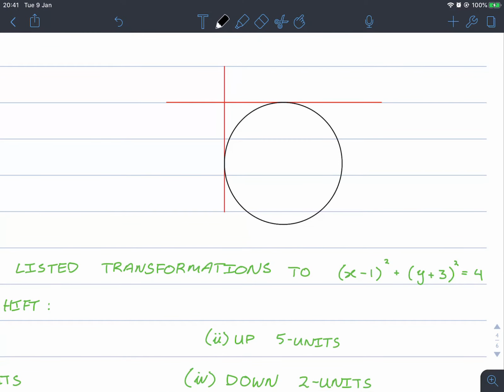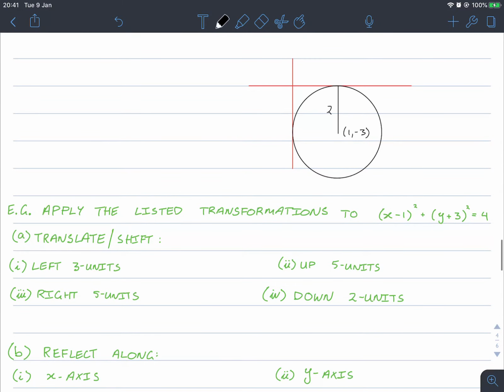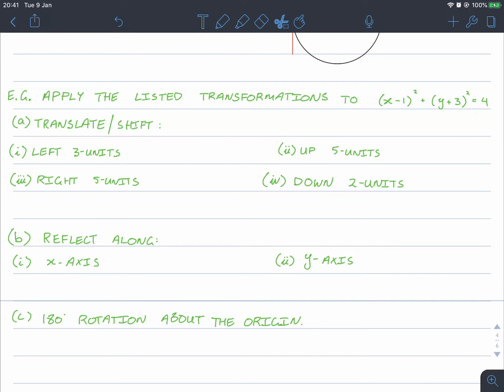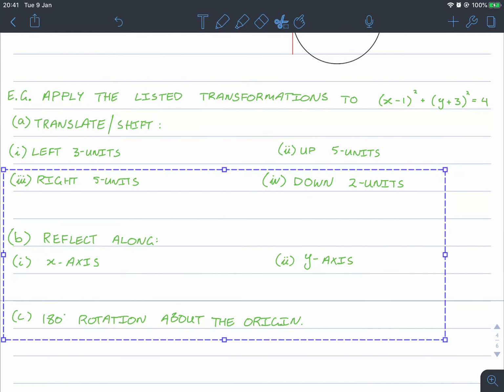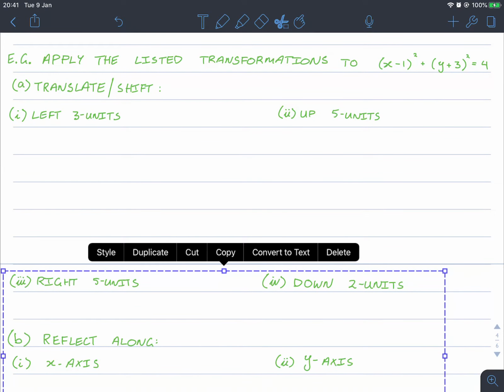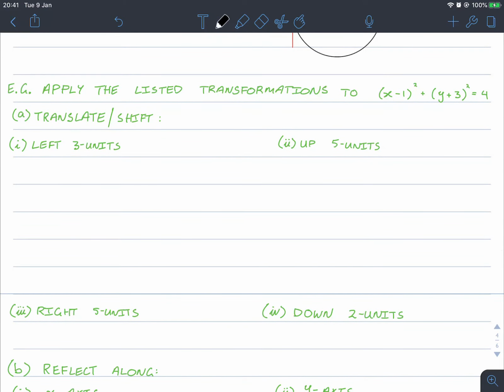So the center of the circle is at 1, -3, and the radius is 2. Okay, and I'm here to demonstrate an example of how it's possible to transform expressions that are not functions.